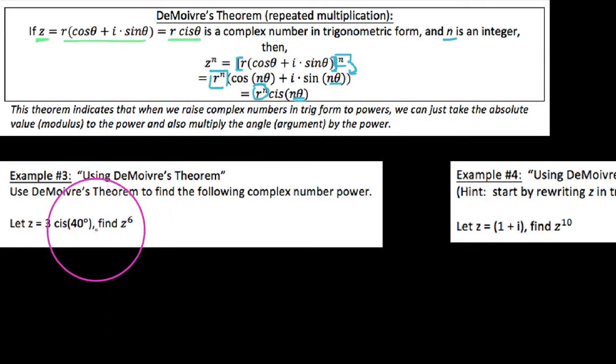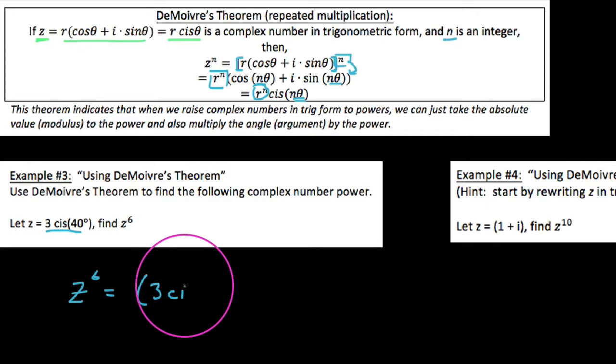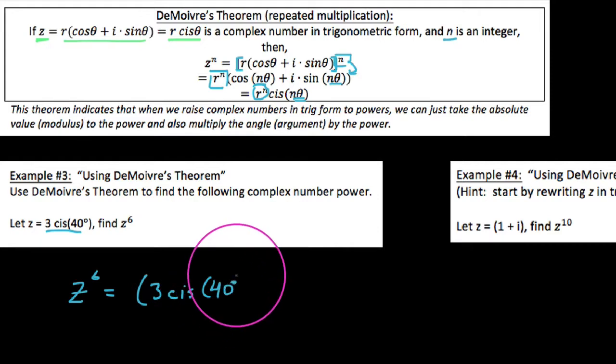So just to put this into practice, it says use DeMoivre's theorem to find the following complex number power. If z is 3 cis 40, or 3 cosine i sine 40 degrees, then we want to find z to the 6th power. So z to the 6th power is 3 cosine i sine 40 degrees, raised to the 6th power.